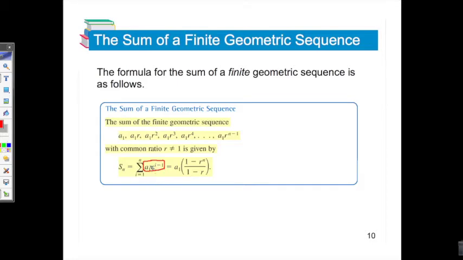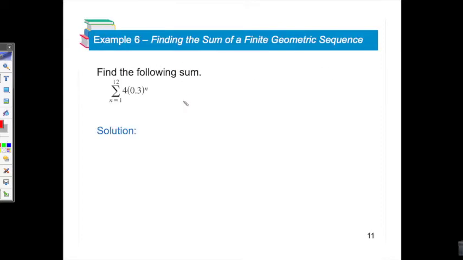So the summation is simply saying I'm going to use i, and i is going to go from 1 all the way to a certain number, however many partial sums we want to do. And the formula that we have for computing this for geometric looks like this: the first term times this fraction with 1 minus r to the n on top and just 1 minus r on the bottom. So it should be pretty simple to do.